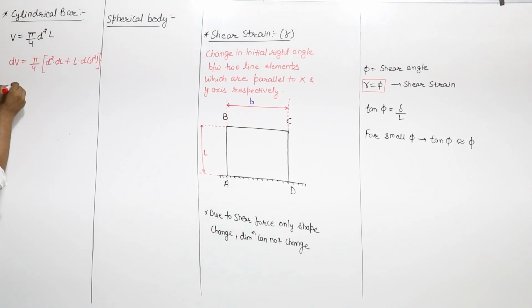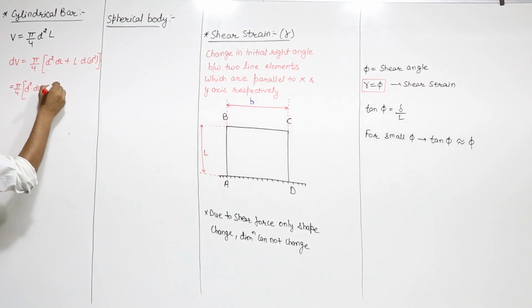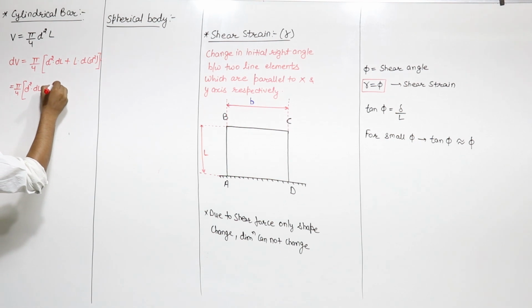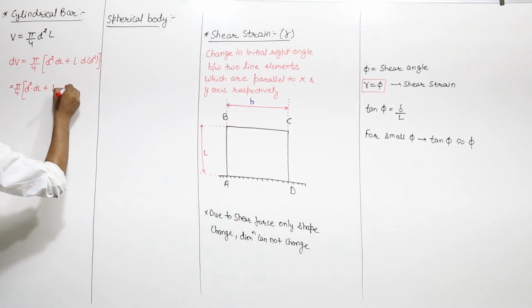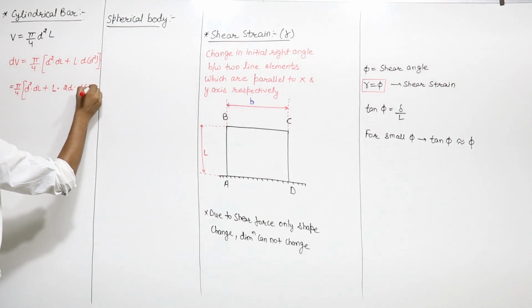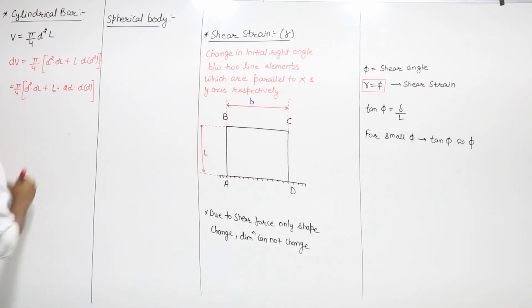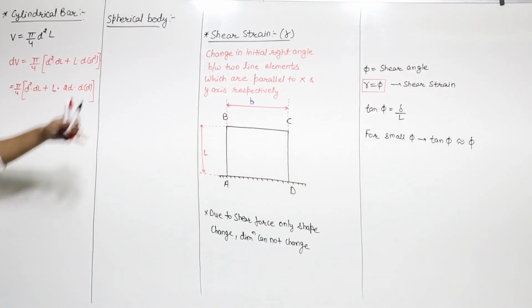So this will be equal to pi by 4 into d square into differentiation of length plus length into differentiation of d square, which is 2d into differentiation of d, right? This is your differentiation of d square.